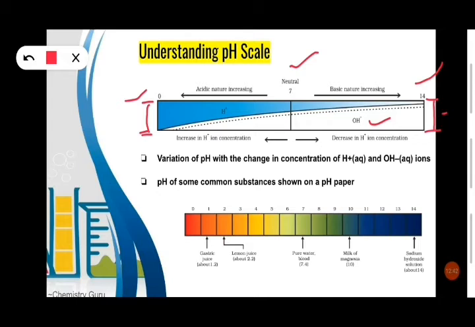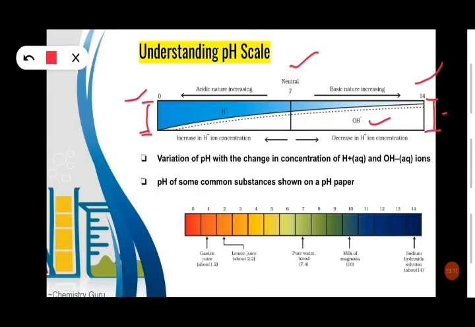This is the difference in the ionic concentration, and how the pH scale is able to find out and measure the strength of an acid or a base. By measuring the strength of an acid or a base on a pH scale, we can give an accurate reading of the strength.